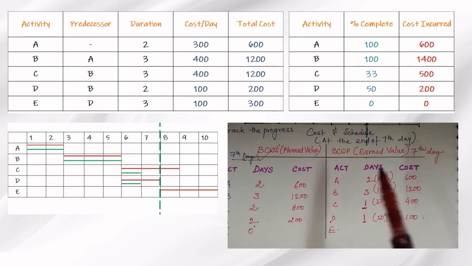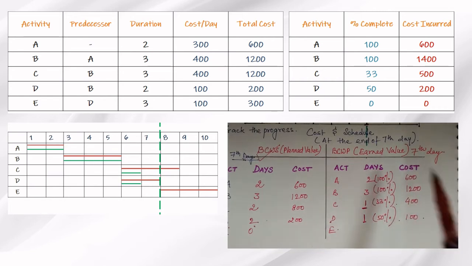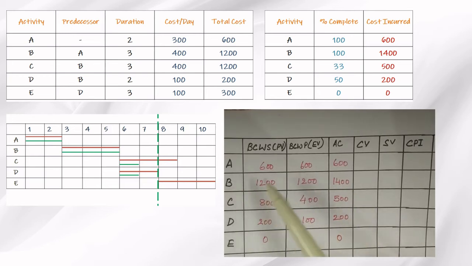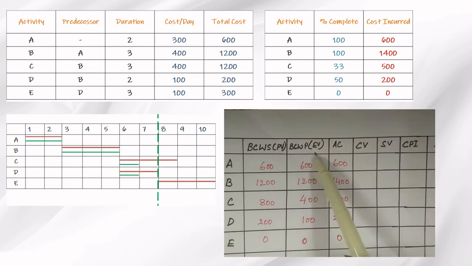With the help of the per day cost I can determine the cost that was planned for the actual work done. From the previous computation, I have written the values that we obtained for A, B, C and D. So planned value is the work that should have been completed and its cost according to the per day rate. BCWP is the earned value.